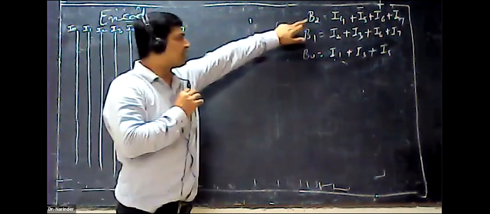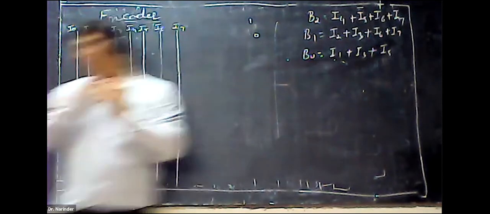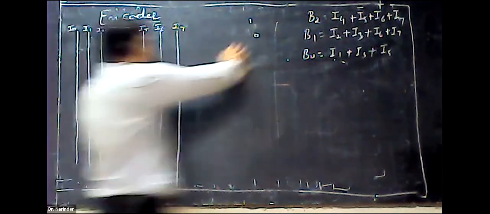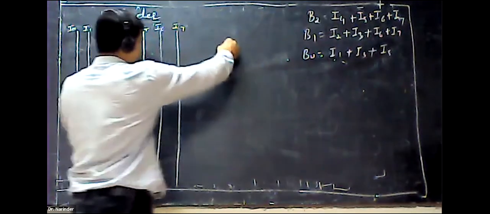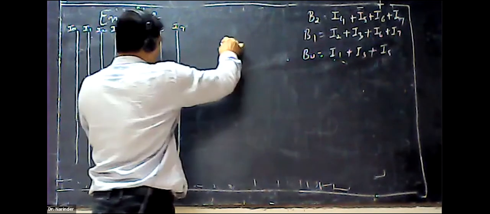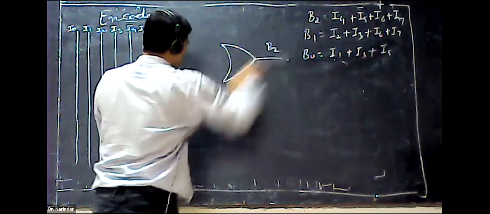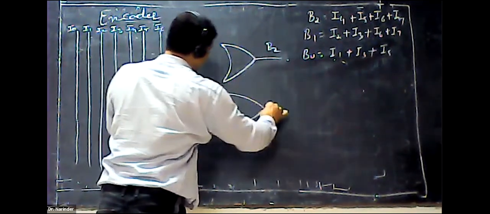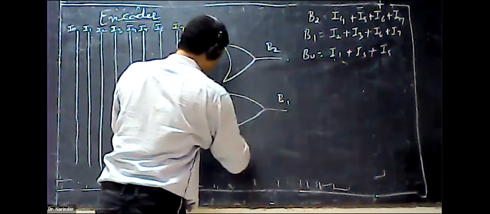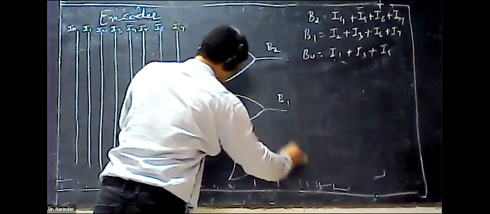How many outputs are there? B2, B1, B0, 3 outputs are there. We will draw 3 OR gates because the output has to be taken in the form of addition. Here write B2, another B1, and the last one B0.